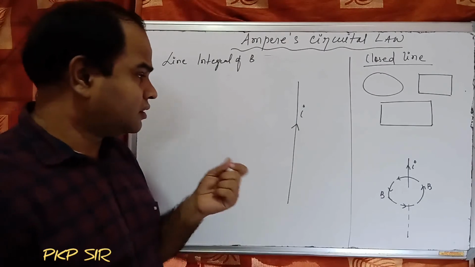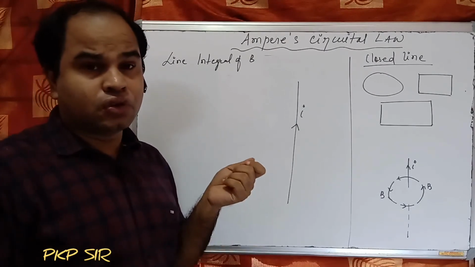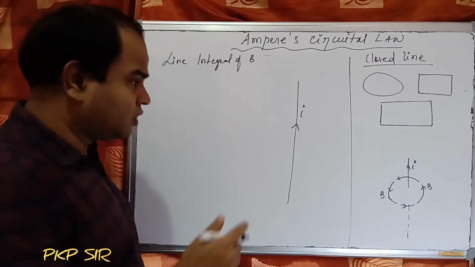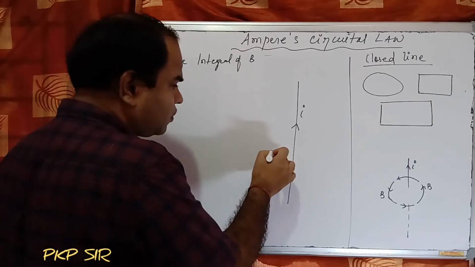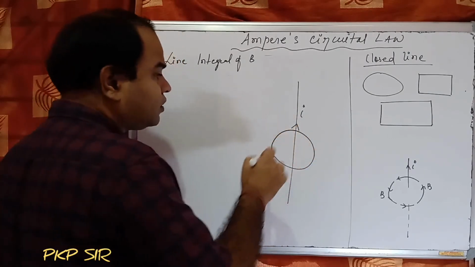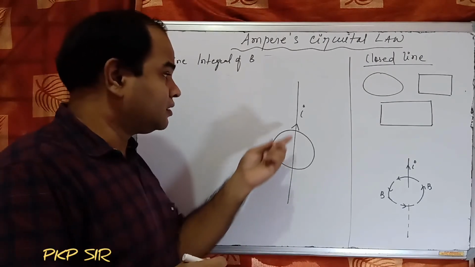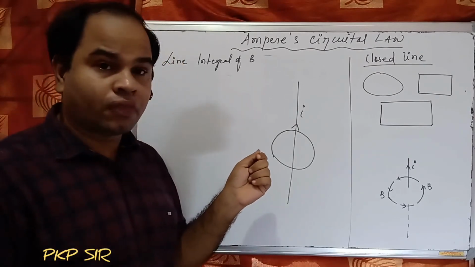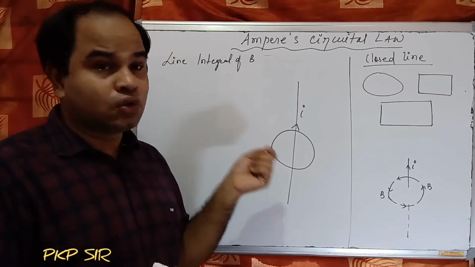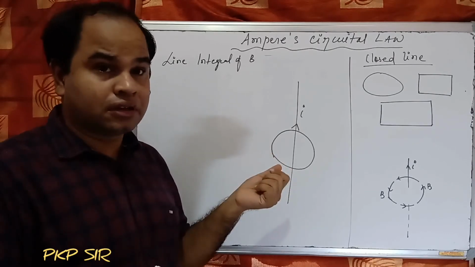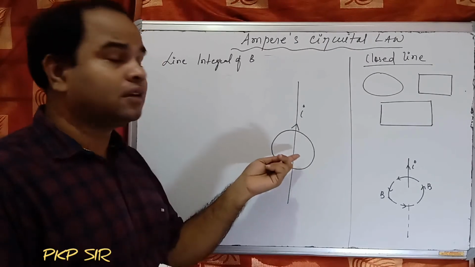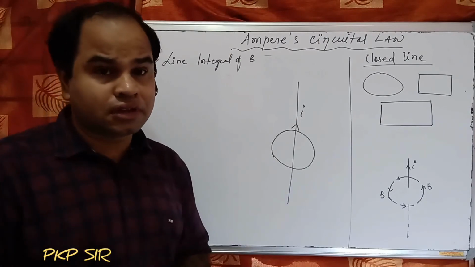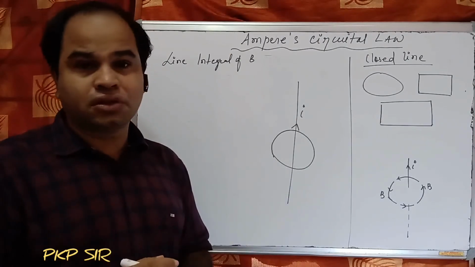To determine the closed line integral, let us draw a closed line in the form of a circle encircling the current carrying conductor I. The radius of this circle is r, so the perimeter is 2 pi r.